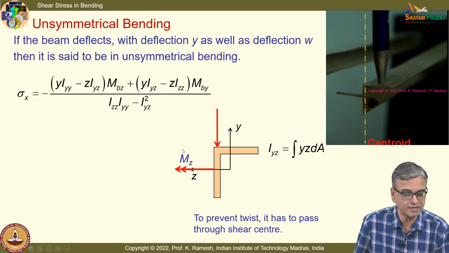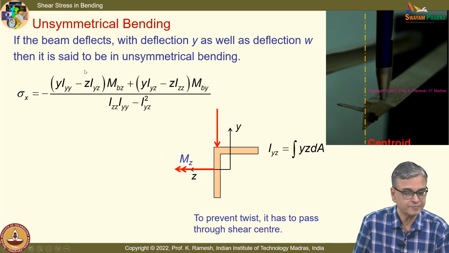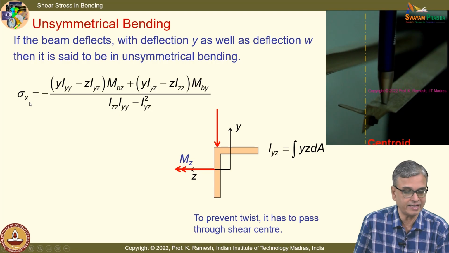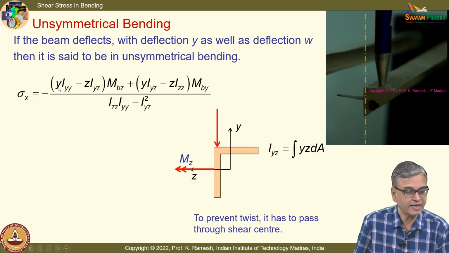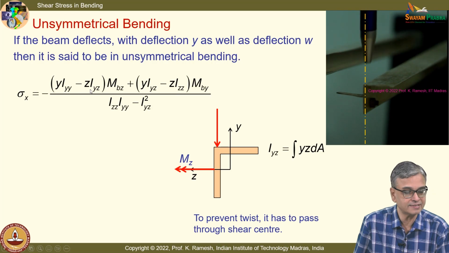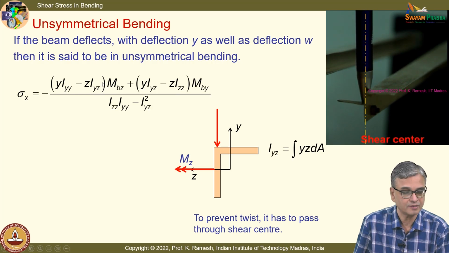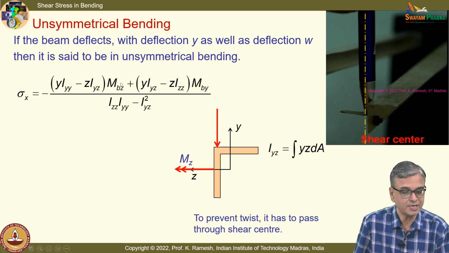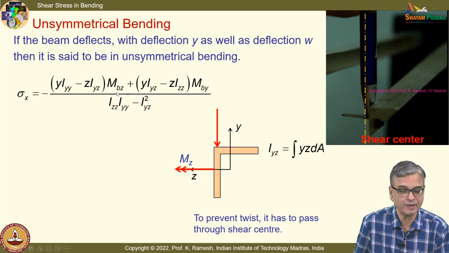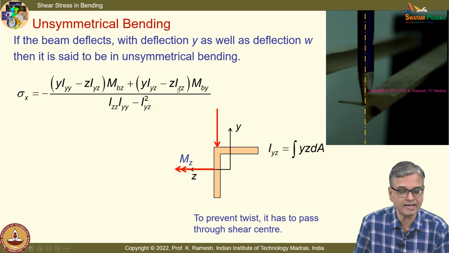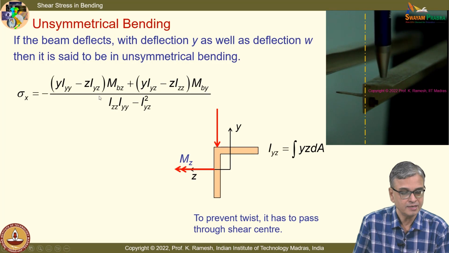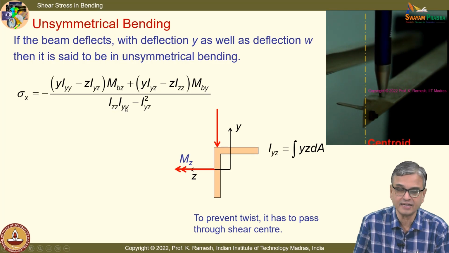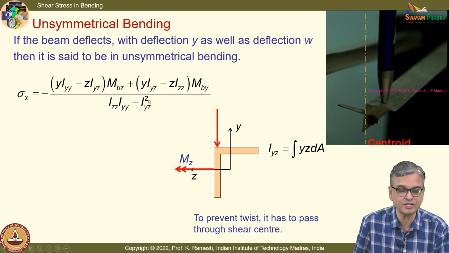If both the moments are acting, I have the expression for sigma x, that is given as minus, within the brackets, (y Iyy minus z Iyz), close the bracket and multiplied by MBZ, plus (y Iyz minus z Izz) multiplied by MBY, divided by (Izz Iyy minus Iyz squared).